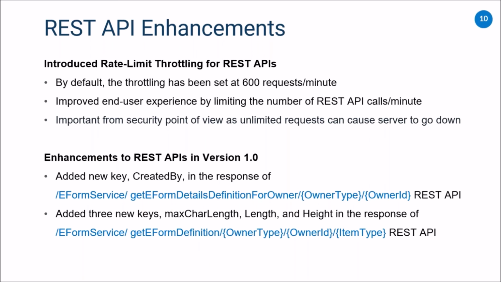So by default, we have set the throttling to 600 requests per minute, and that should help you get a good experience overall. Along with this, we have enhanced a couple of our REST API outputs with additional keys so that you are able to make use of those new features which are now part of those eForm service related REST APIs.